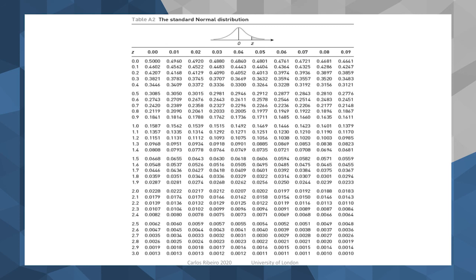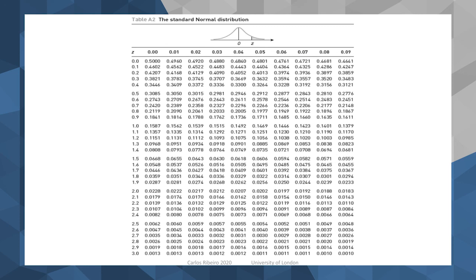So that is how you interpret it. The other way is to look at the probability, if you recall when we looked at norm inv. Let's say, for example, I want to calculate the value of z that cuts off the top 10% of the distribution. Then instead of looking at the z, I look at the numbers in the middle. If I want to cut off the top 10%, I look for 0.1.